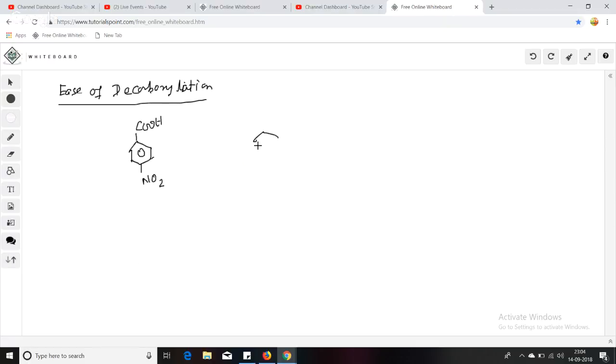Next one, COOH, here we have NO2, here we have NO2. And the last one is COOH with NO2, NO2 and NO2. Which one will be easily decarboxylated?